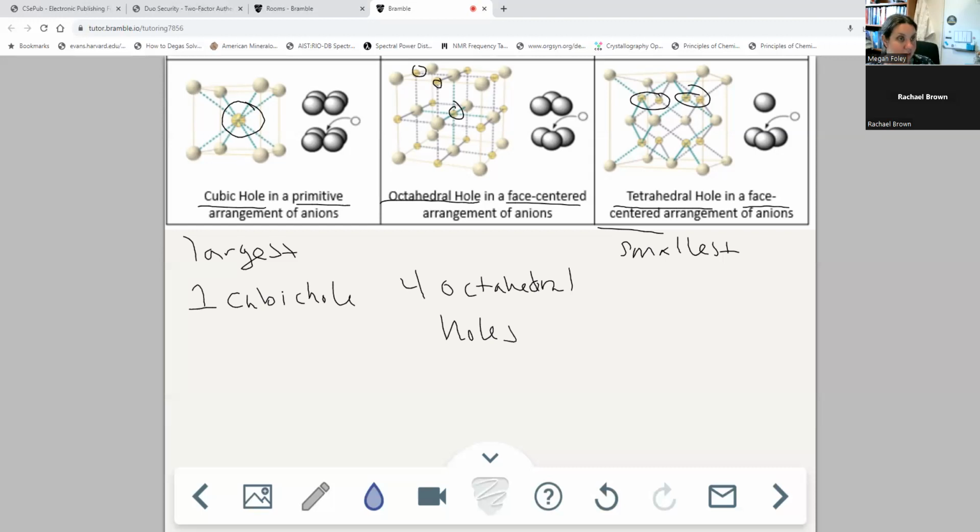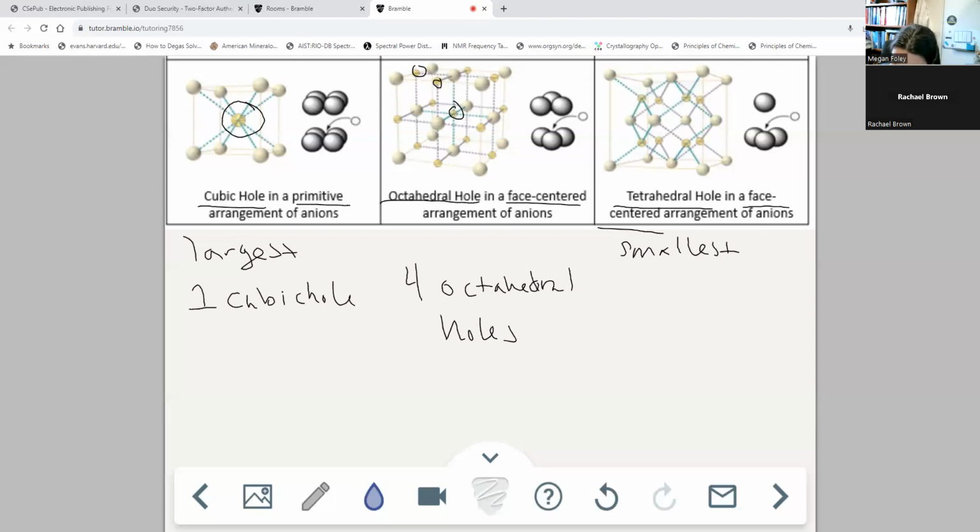Each of the edge atoms accounts for a quarter of an atom, and then that center piece accounts for a whole atom. We have 12 edge pieces. 12 times a fourth would give us 3. And then the one body would give us our fourth one.